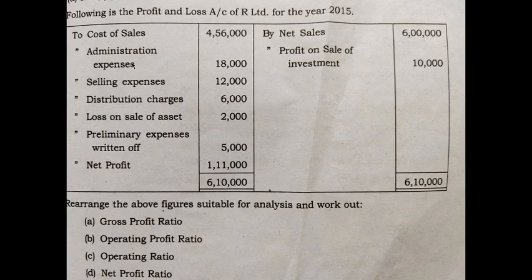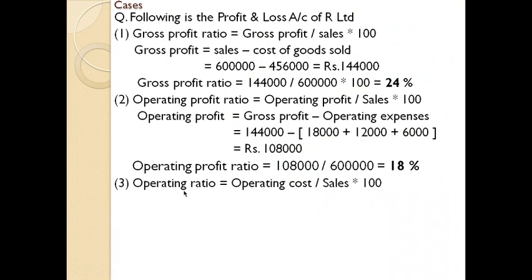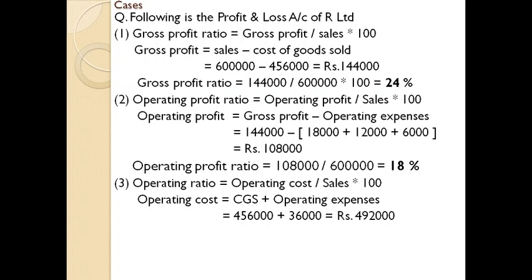Here in this question, there is no information regarding operating cost. So in the absence of that information, when we add cost of sales and operating expenses, you will get operating cost. Here cost of goods sold is 4,56,000, which is directly given in the question. Operating expenses, adding these three items, you will get 36,000, and that makes 4,92,000. By substituting the operating cost in this equation, 4,92,000 divided by 6 lakh equals 82%.